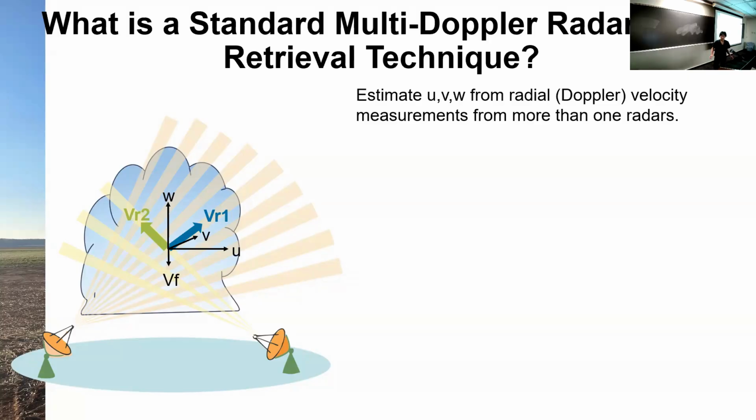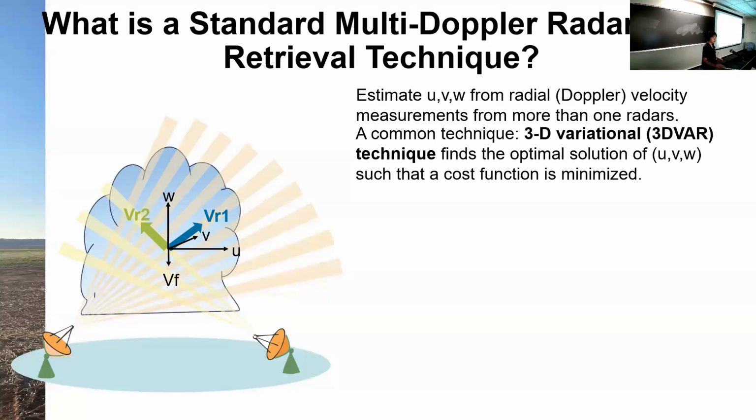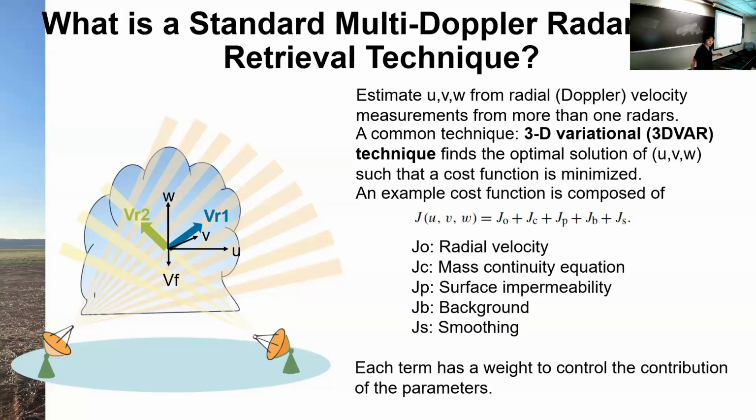The basic technique is 3DVAR, which finds the optimal solution of UVW such that the cost function is minimized. The cost function is composed of several terms depending on the technique. Here in my code, the cost function includes radial velocity, forcing, mass continuity iteration, surface impermeability, and background and smoothing. Each term has a weight to control the contribution of the parameters. This is also part of the uncertainty.